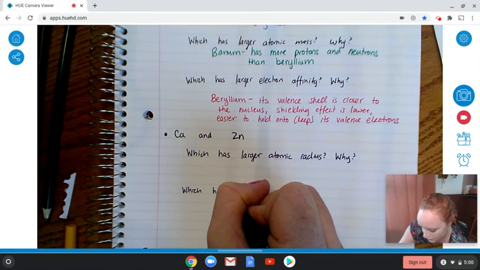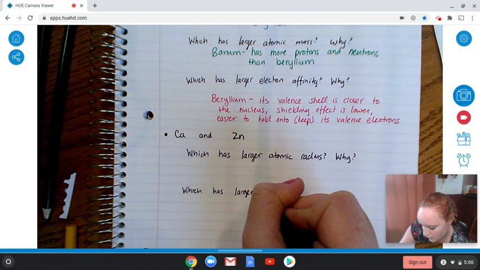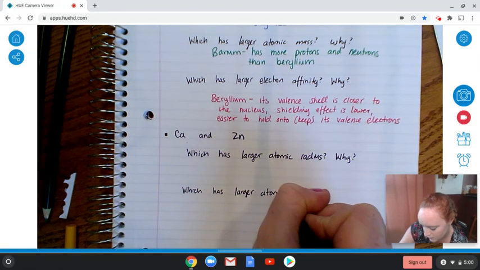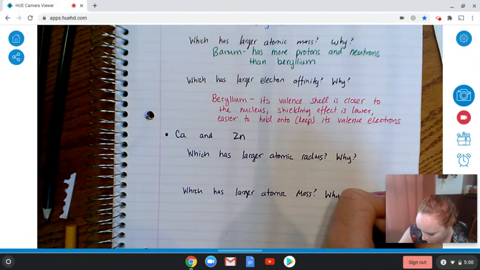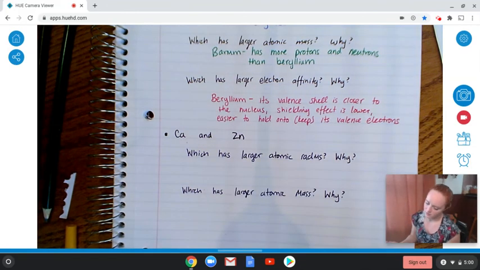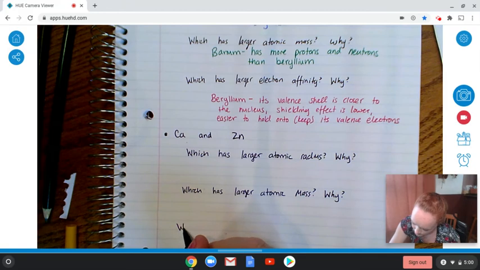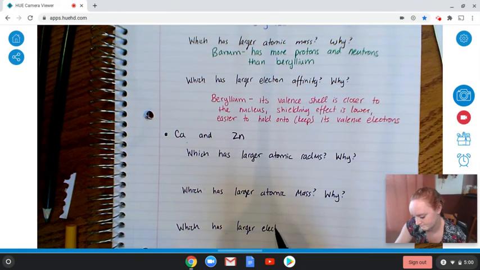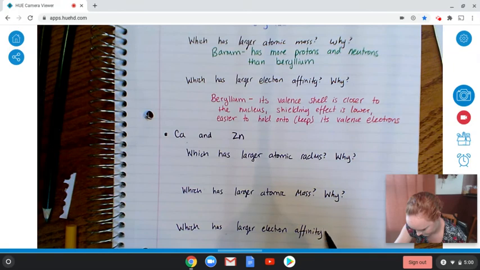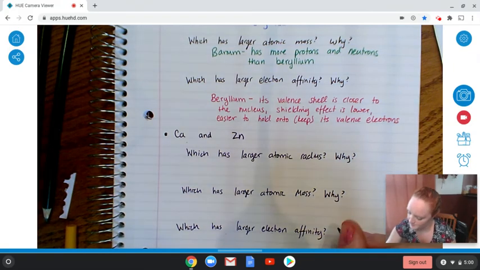Which has larger atomic mass and why? And which has larger electron affinity and why?